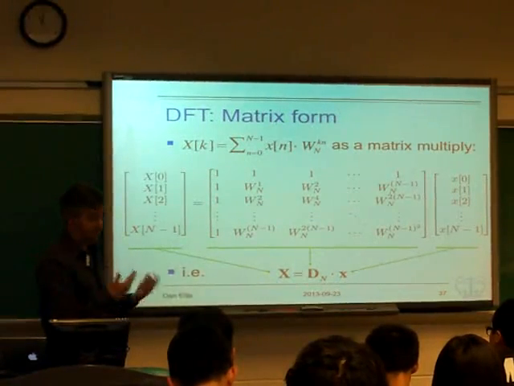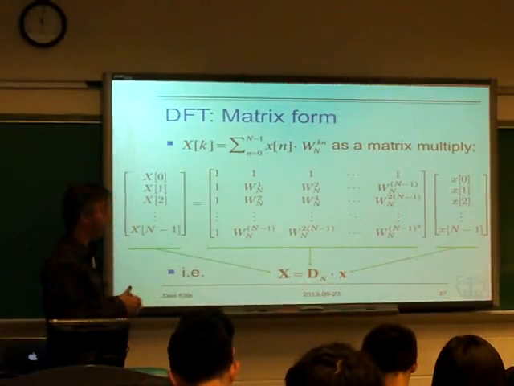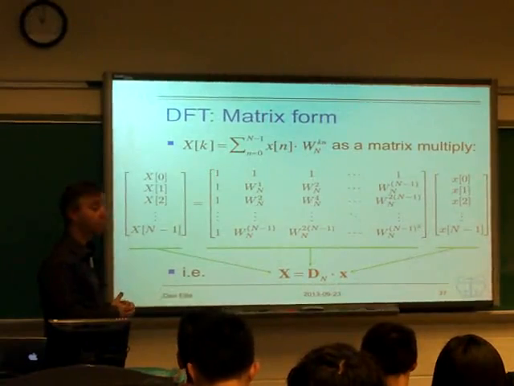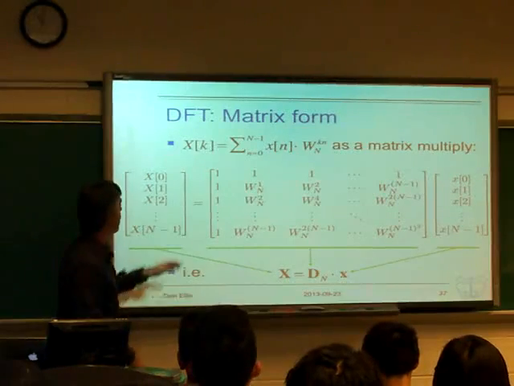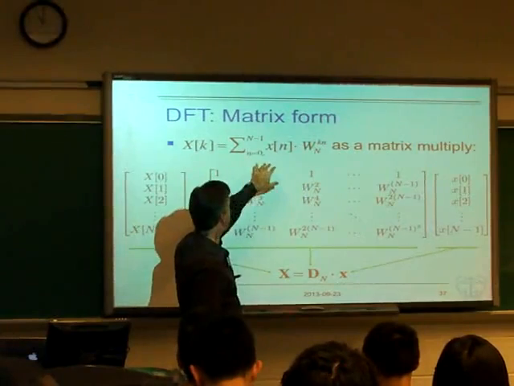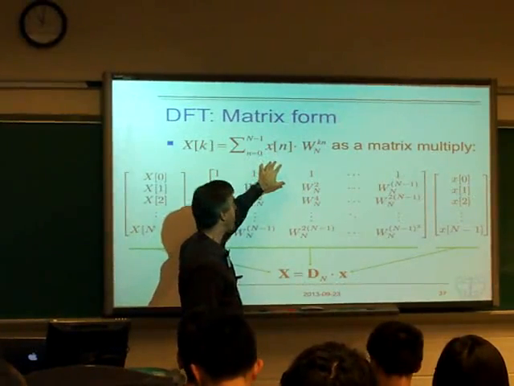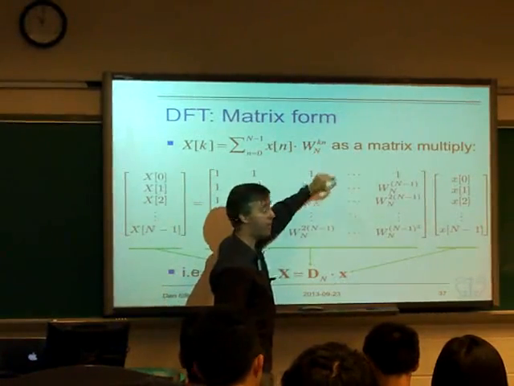Because we're dealing with finite length vectors, finite length sequences, we're now squarely in the domain of linear algebra. Here's our DFT expression. It's just a set of inner products, if you like, between the finite length sequence and certain other finite length sequences.